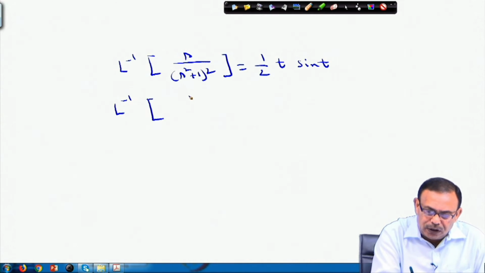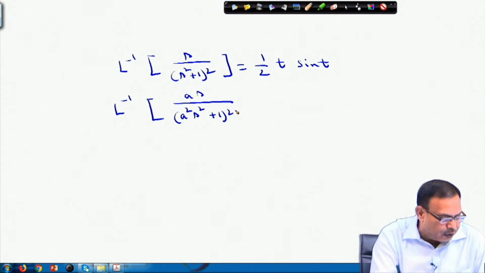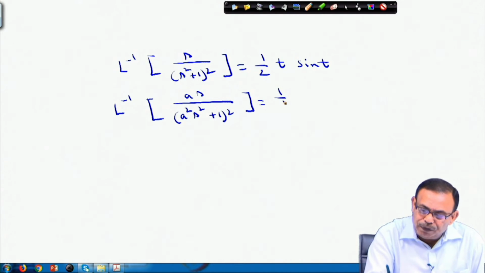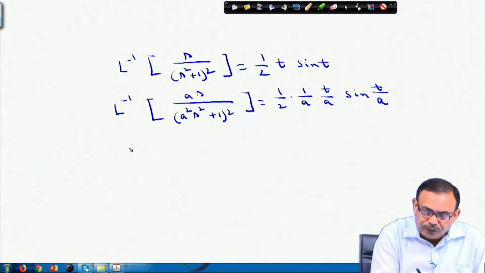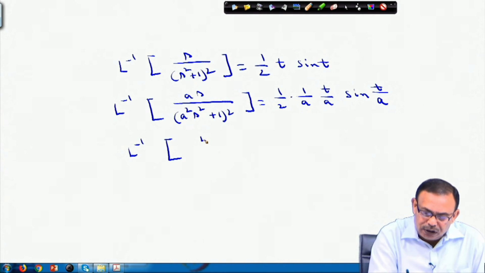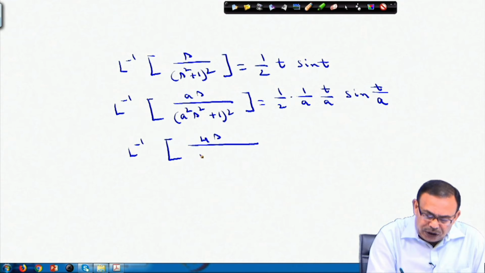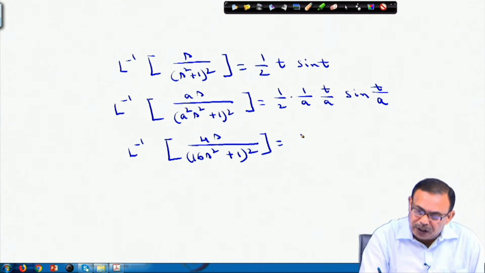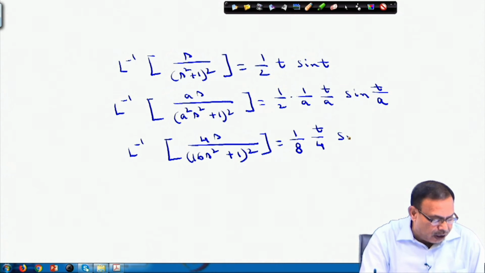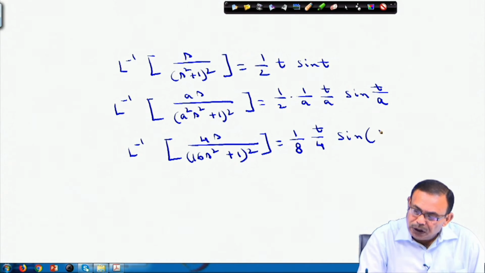Using the same property, the Laplace inverse of a s by (s square plus 1) whole square is equal to half into 1 by a, where t will be replaced by t by a, into sin of t by a. So, the Laplace inverse of 4 s by (16 s square plus 1) whole square, that means a is replaced by 4, will become 1 by 8 into t by 4 into sin t by 4.